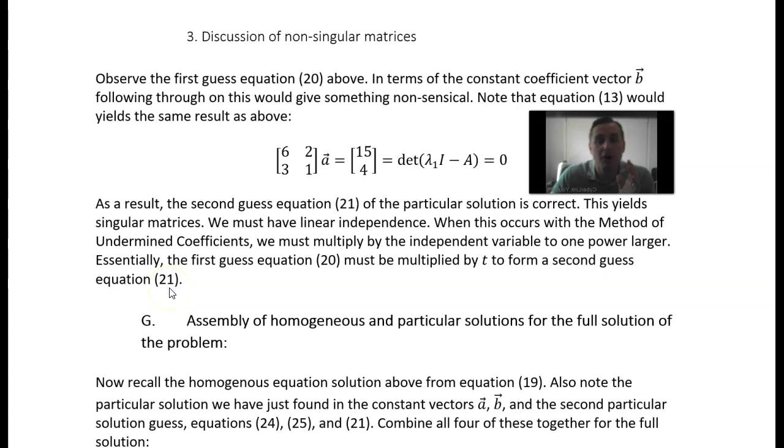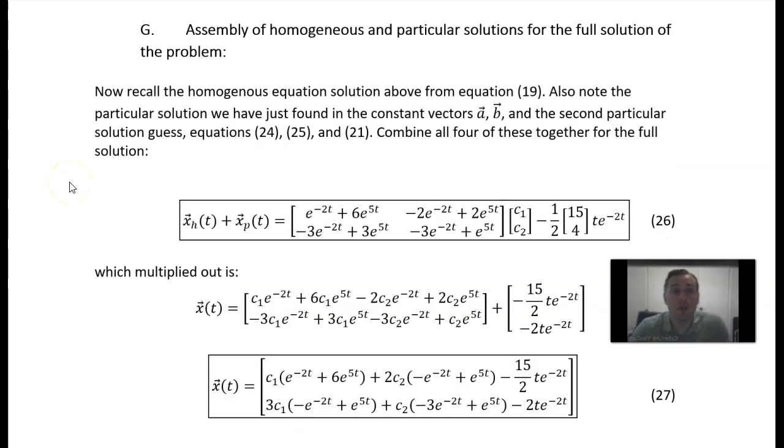Now let's assemble our full solution from the homogeneous and the particular. So now finally we assemble the homogeneous and the particular solutions together to get the full solution of this matrix ordinary differential equation that is inhomogeneous but has constant vector or matrix coefficients.